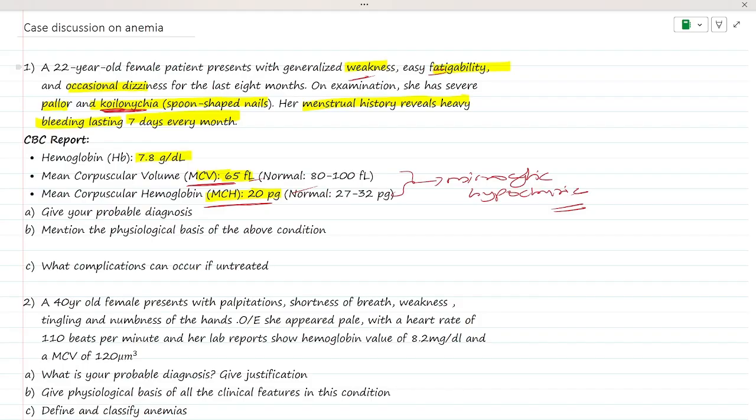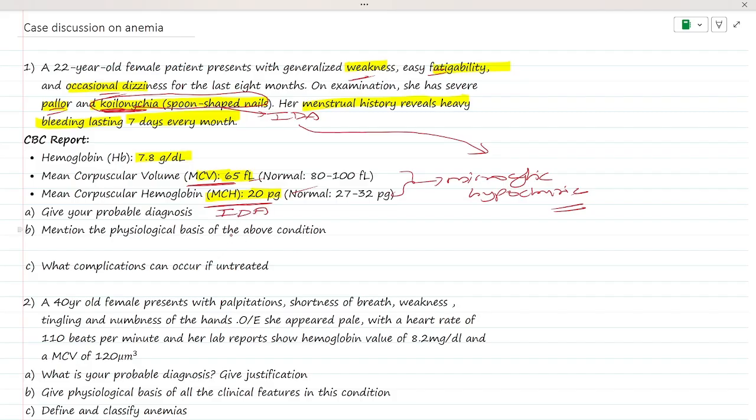The weakness, fatigability, dizziness and pallor are symptoms of every kind of anemia. So koilonychia suggests the patient is suffering from iron deficiency anemia. In iron deficiency anemia, the morphology of RBC is microcytic hypochromic. So the diagnosis is iron deficiency anemia.